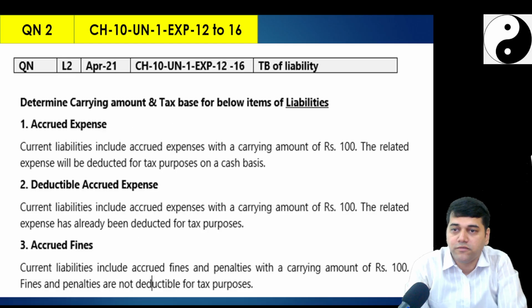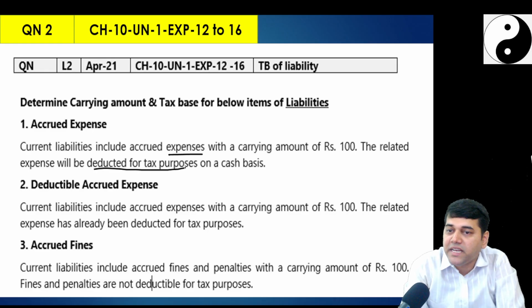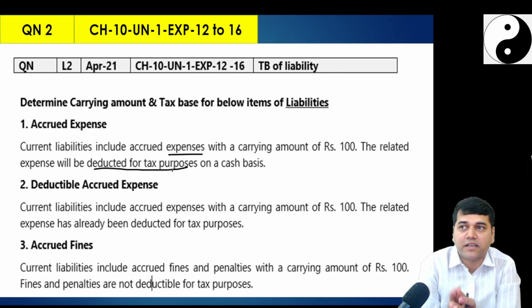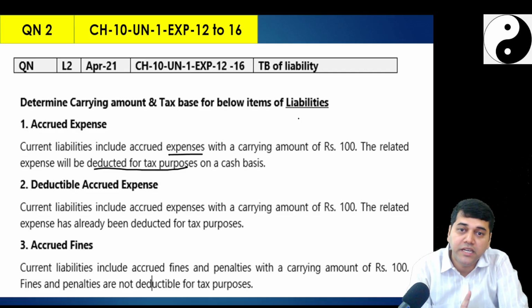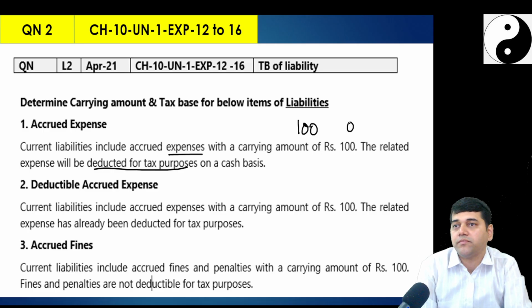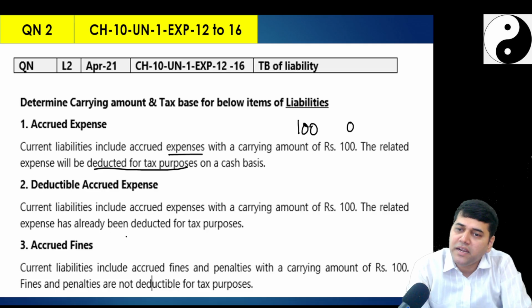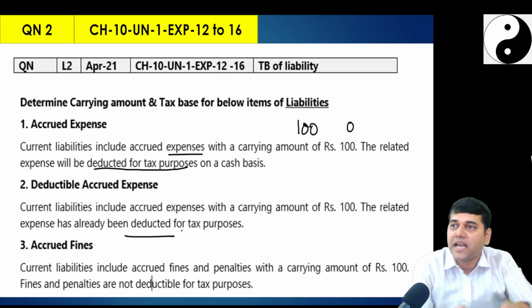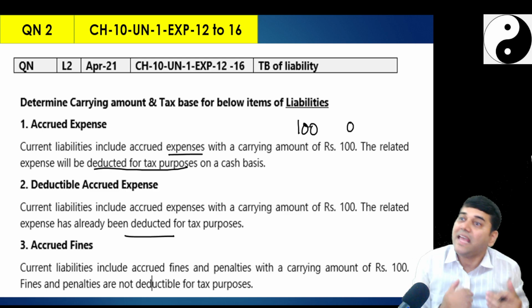See, in the first case, I claimed expenses, but they didn't permit those expenses. That means those expenses they didn't recognize. So in my liability, which is sitting in the balance sheet, book value is 100, tax base becomes 0. But in the second case, they deducted it the day I created a provision. That means they accepted my liability.